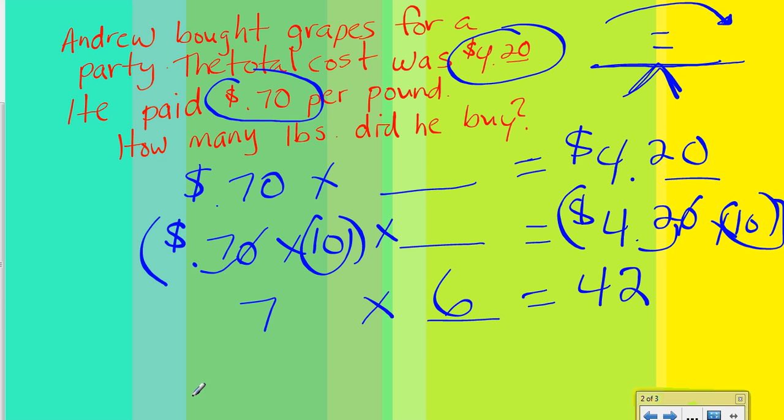6 pounds. Now let's say we wanted to be able to show our work. Well, you could do this in a number of different ways. One way is you could probably use a number line. You could show a little bar, that's what I'm trying to do here. So if it was 70 cents, we could start showing this as a model, 70 cents.